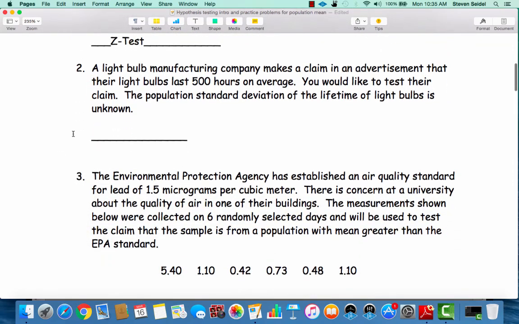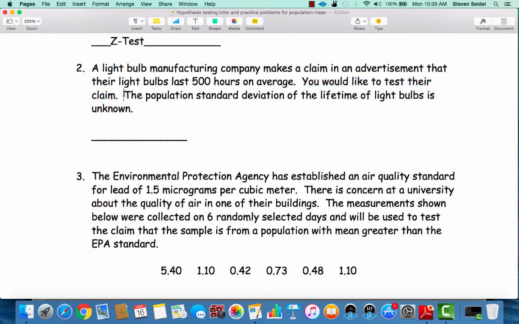So number 2, a light bulb manufacturing company makes a claim in their advertisement that their light bulbs last 500 hours on average. That is a claim. You would like to test their claim.